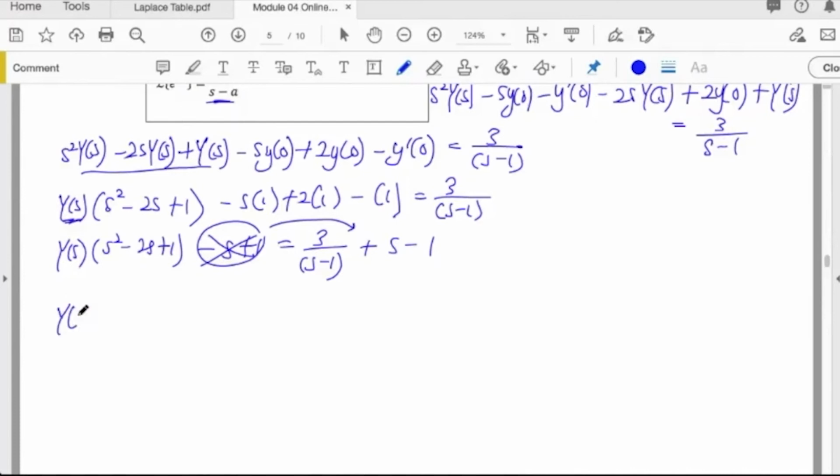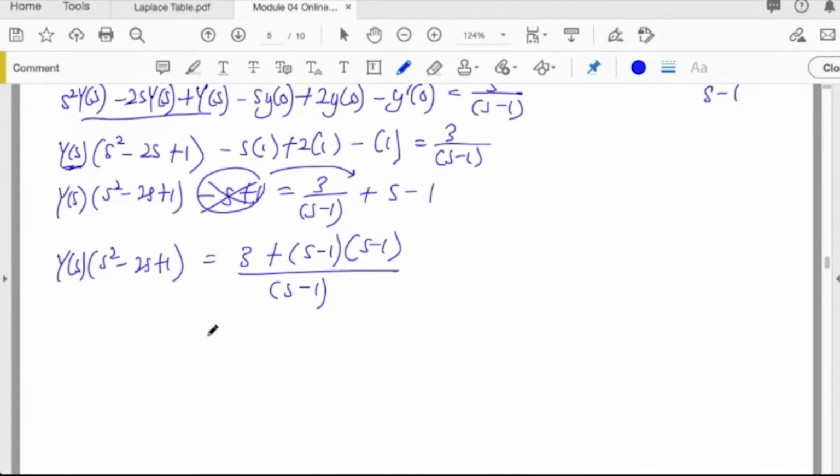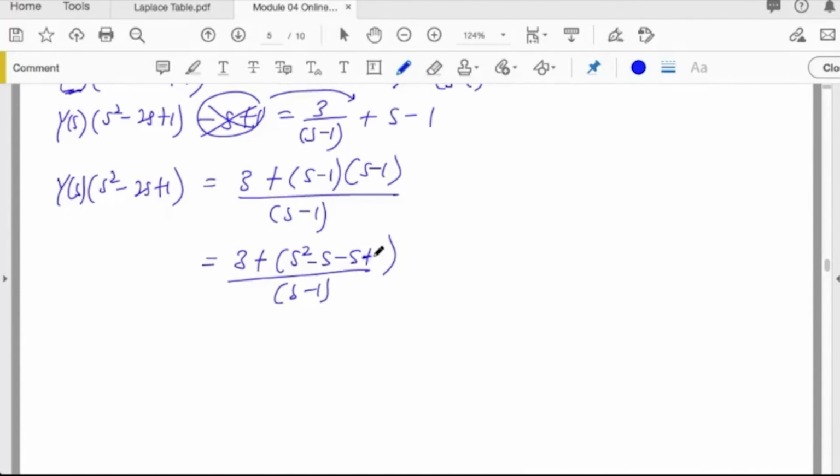So we have Y(s) times (s squared minus 2s plus 1) equal to 3 plus, and that part we need to make equal to the denominator, so we multiply with s minus 1. It will give us 3 plus (s squared minus s minus s plus 1)(s minus 1), this plus 1.